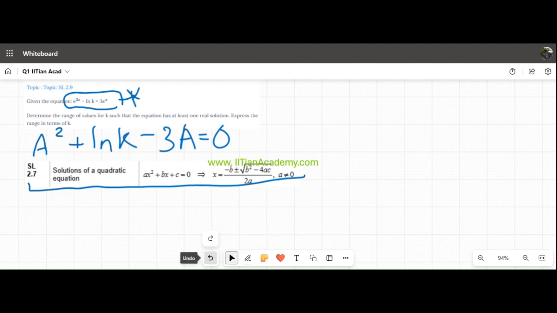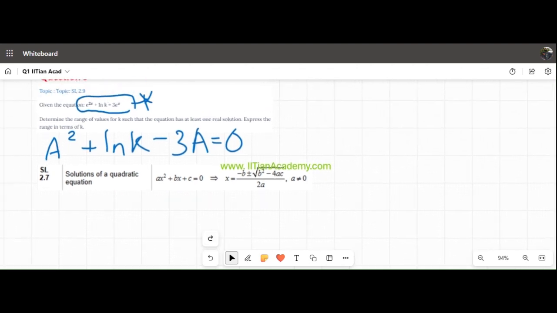And we have the equation that we are substituting above, where we have a squared minus 3a plus ln k. So our equation will become, we're actually not looking for x, we're looking for a, of course, because we've changed our variable.